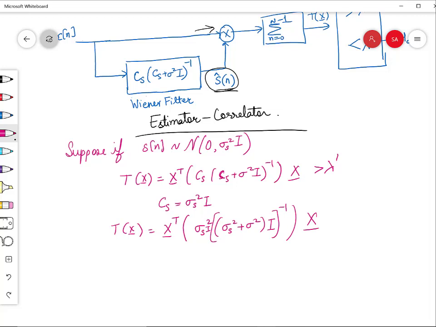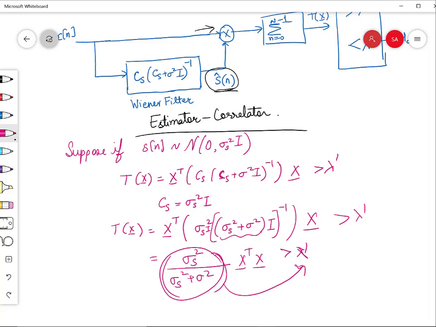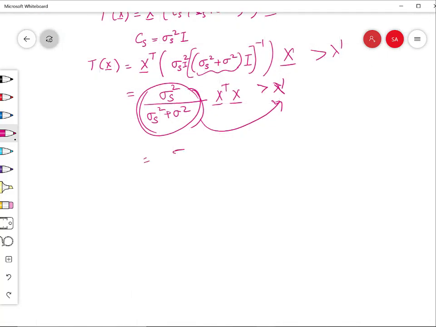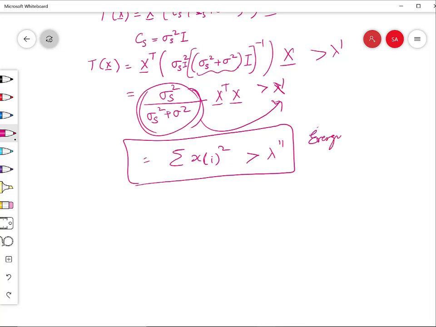This is a constant, so it goes into the denominator, and I inverse times I becomes identity. So this turns out to be sigma s square over (sigma s square plus sigma square) times x transpose x. This is a constant, so you can take it to the other side, and x transpose x is the summation of xi square greater than lambda double dash, and this is what we got as our energy detector in our previous case.